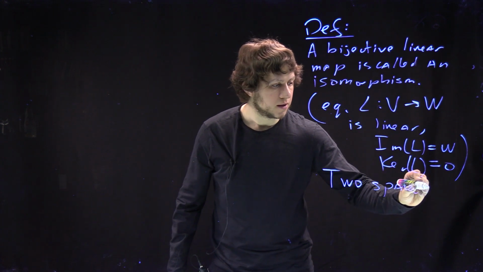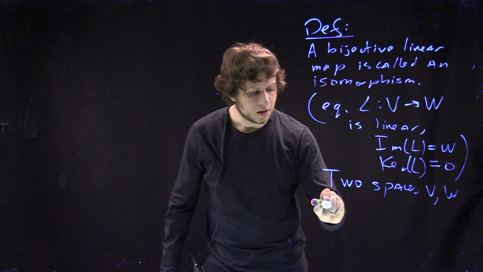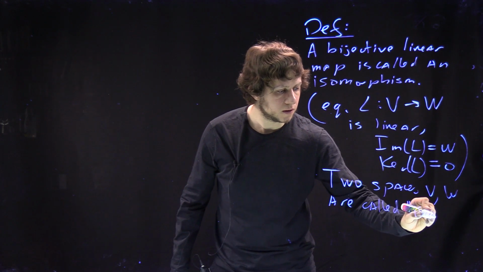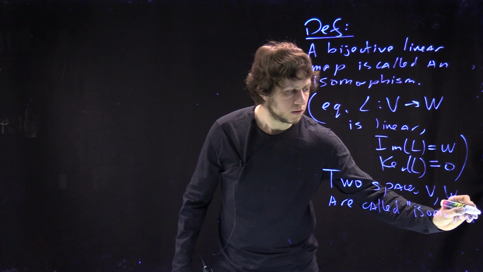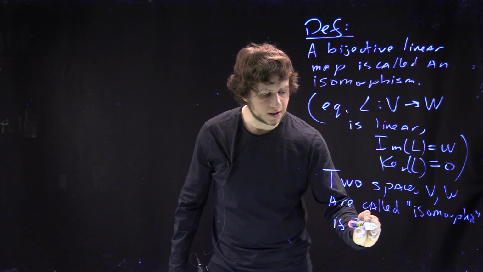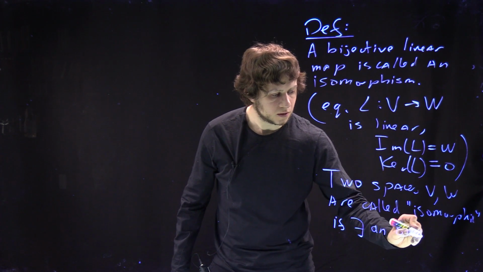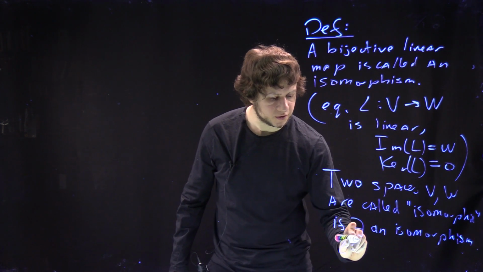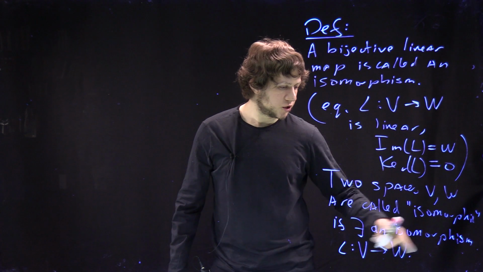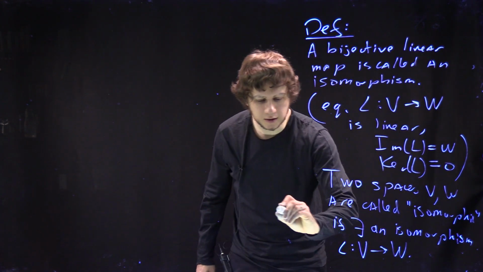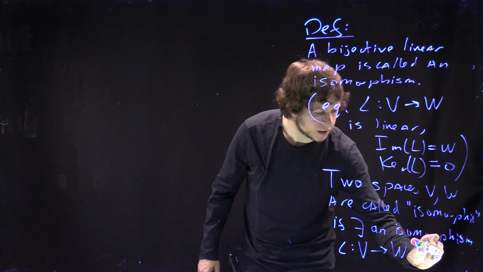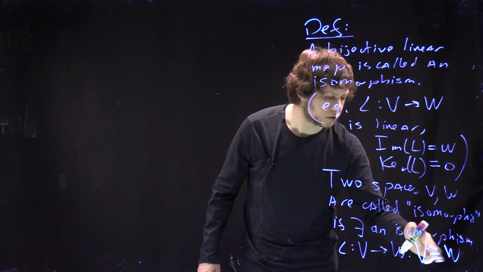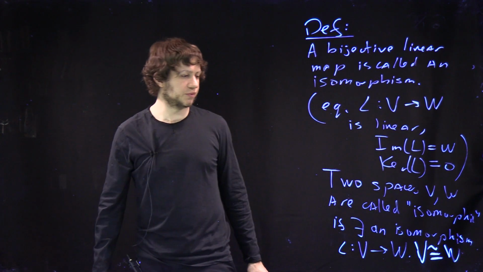So this is what an isomorphism is, and also two vector spaces V and W over the same field are called isomorphic if there exists an isomorphism L from V to W, and the notation for this is V is isomorphic to W. We put these two horizontal lines and then the curvy one on top.